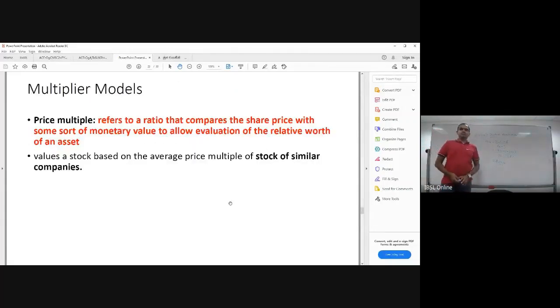Multiplier models. Price multiple refers to a ratio that compares the share price with some sort of monetary value to allow evaluation of the relative worth of an asset. Value of a stock based on the average price multiple of stock of similar companies, right?